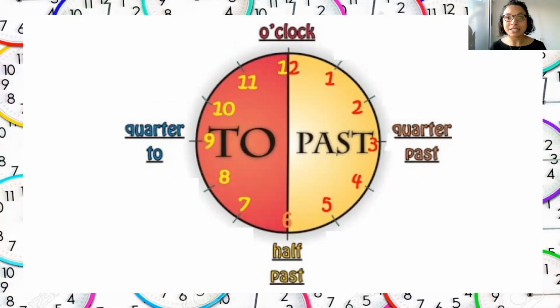So, as you can see, the yellow part of our clock says past, okay? That means that the long hand, the minute hand, starts on number 12, and then we will start moving towards the right. First 1, then 2, then 3, then 4.